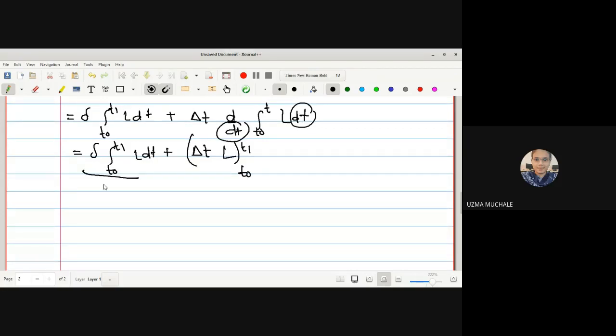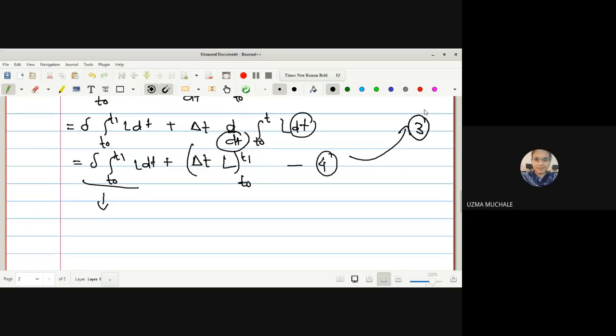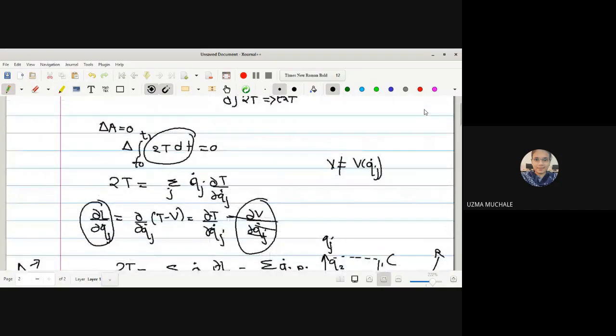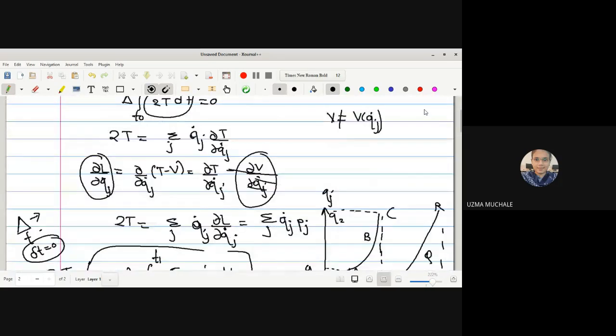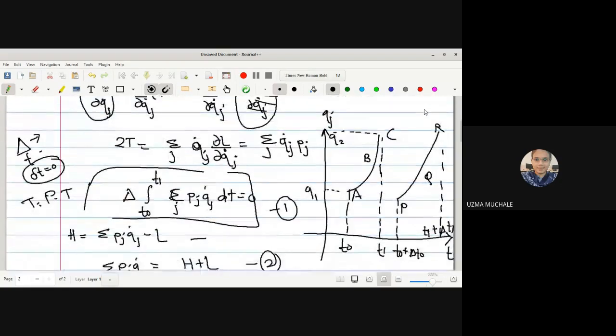Now let us evaluate this term. How to evaluate this term? Let us name it equation 4. After evaluating this term, we will put it in our equation 4, and after evaluating equation 4, we will put it back in equation 3. Let us see what we have done. Initially, we have to prove delta A equal to 0. Delta A equal to 0 means delta integration t naught to t1 equal to 0, we have to prove.